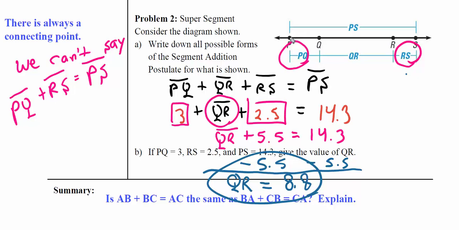We're going from P to Q, and all of a sudden we're jumping all the way to RS. And the segment addition postulate doesn't work like that. I must have a geometric connecting point that joins them. So in our giant long one, for example, we go from P to Q, then we go from Q to R, then we go from R to S, and that gives us this relationship.